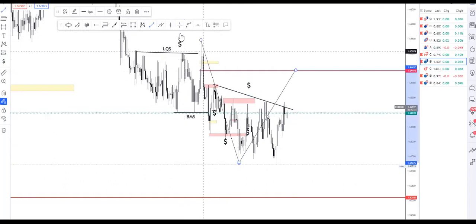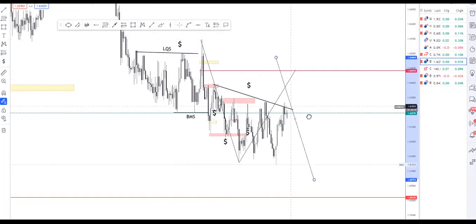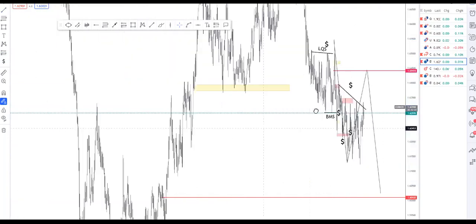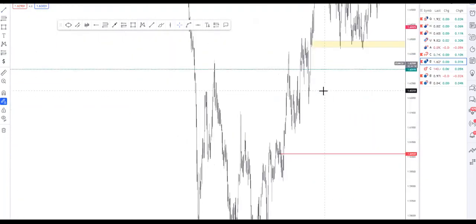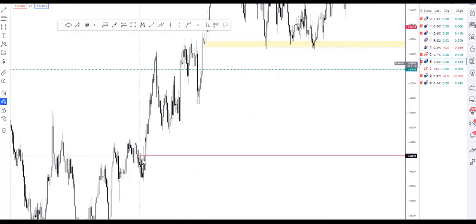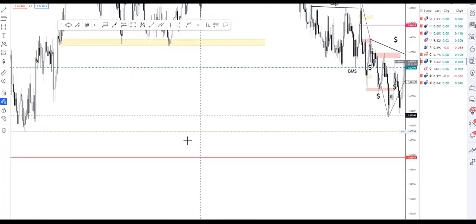And price pulling back to that area, we go short from this area to the downside. We have an open order right at this point. Yes, right here. We have an open order there. So for Euro NZD, this is what I'm actually looking out for.